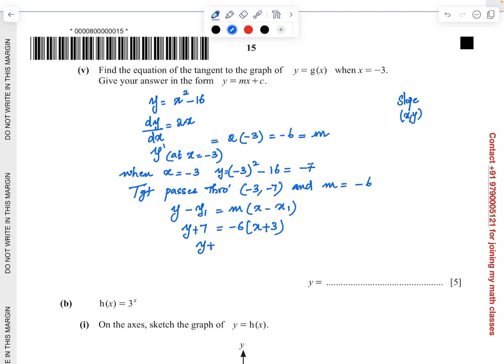So y plus 7 is equal to minus 6x minus 18. So y is equal to minus 6x minus 25. This is the equation of the tangent which passes through x is equal to minus 3 in that given parabola.